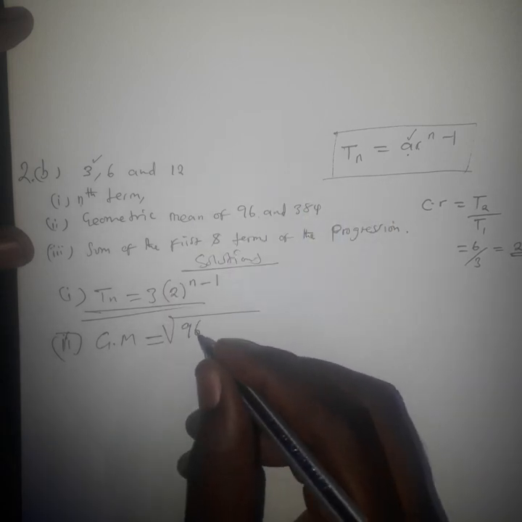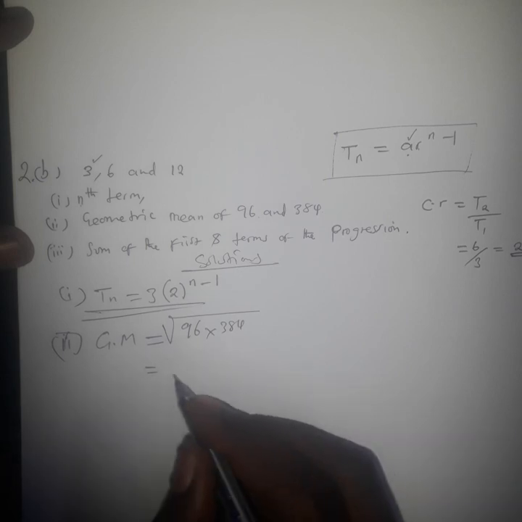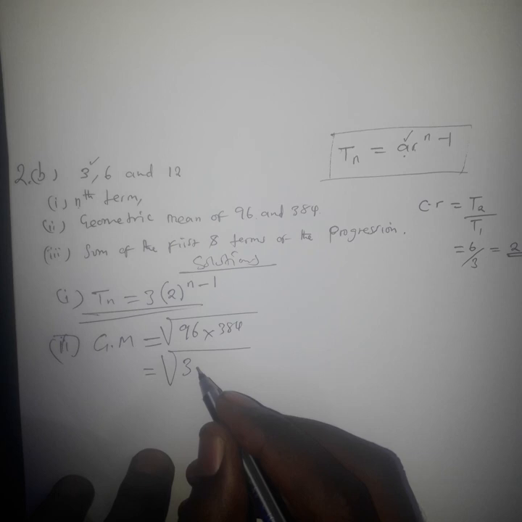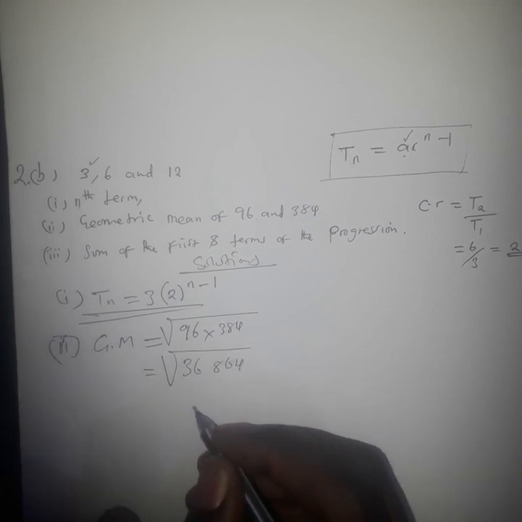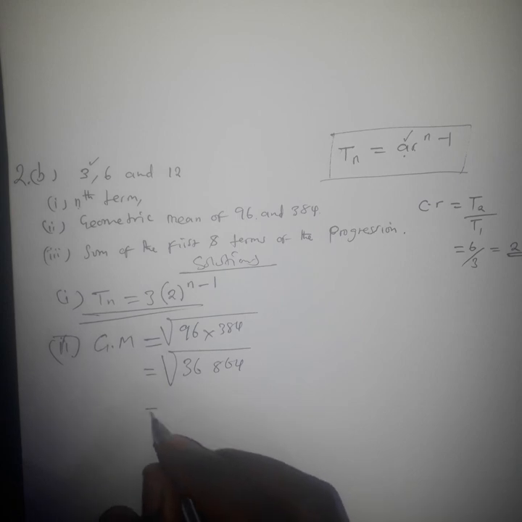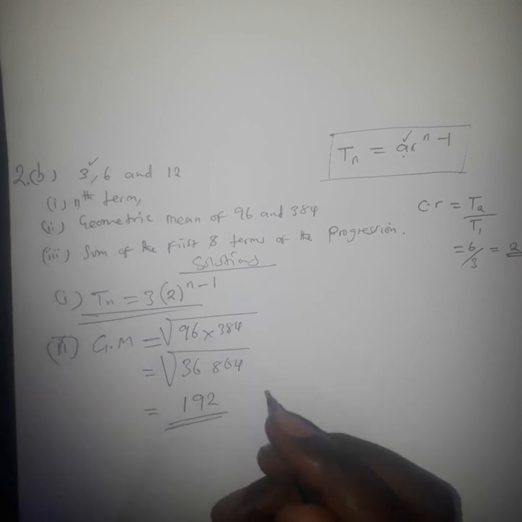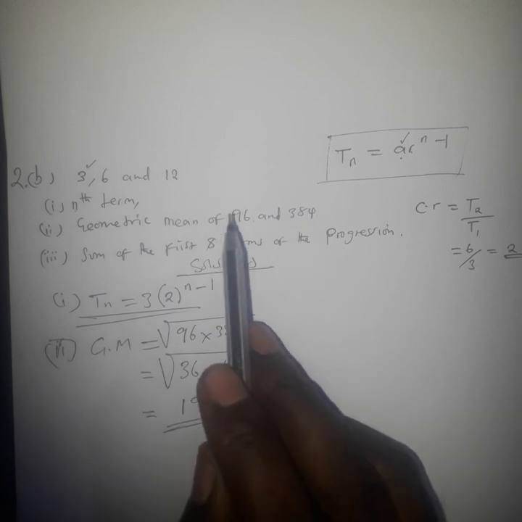So it will be the square root of 96 times 384, and when we multiply the two numbers, we're supposed to get 36,864. You can confirm that with your calculators, which is in turn going to give us 192 as the geometric mean of the two numbers given above.